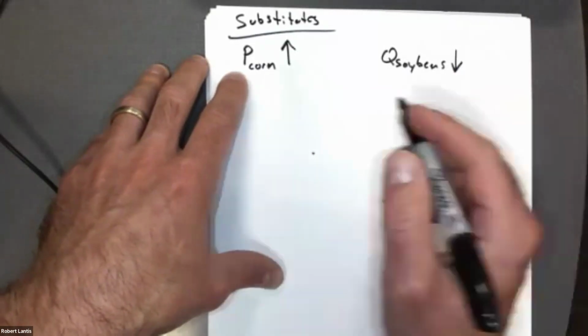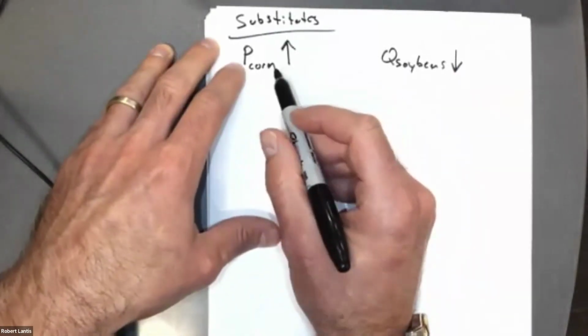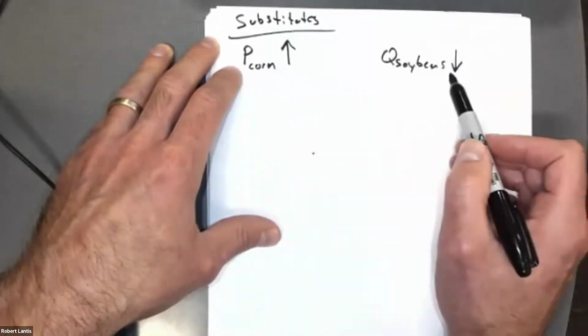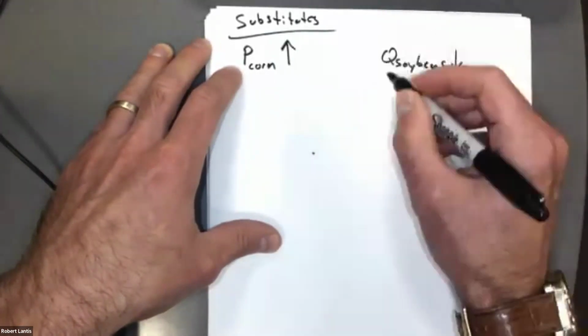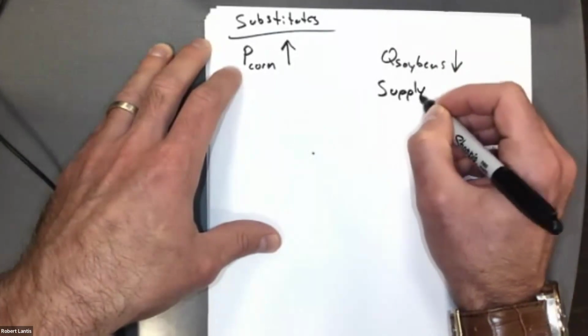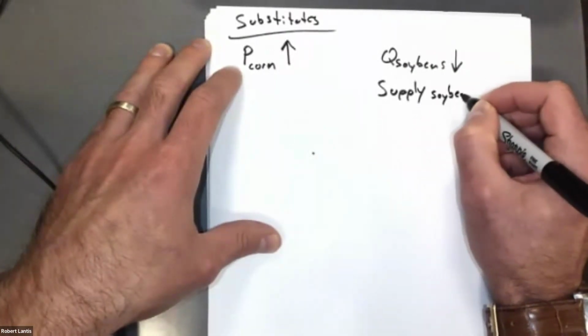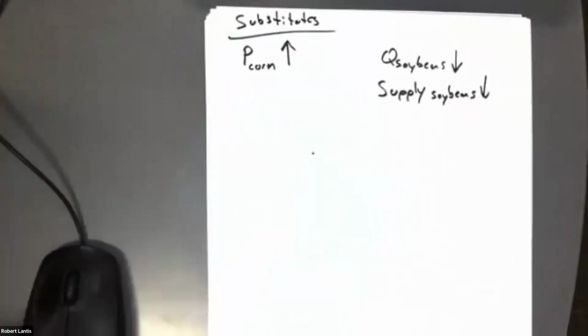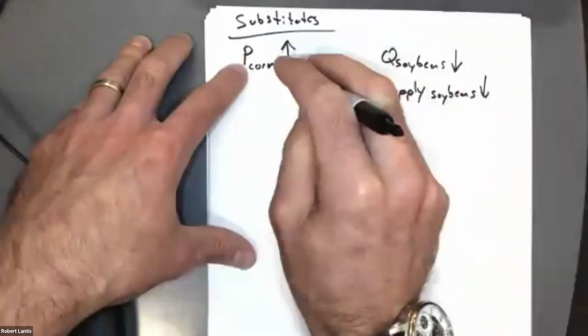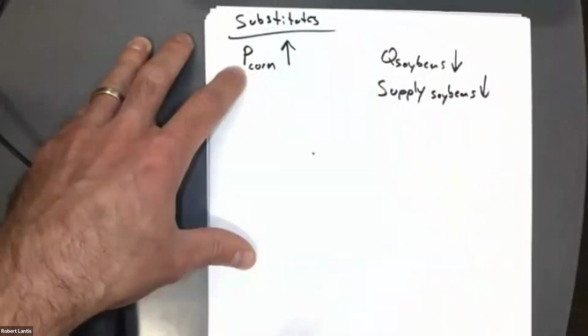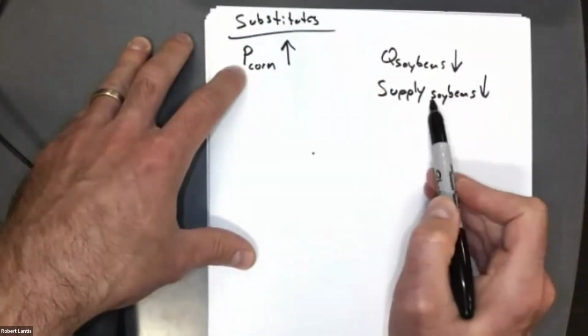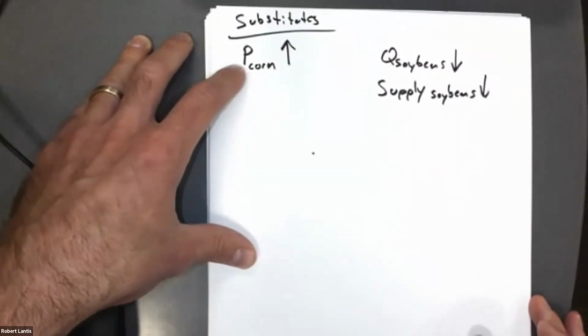So for the producers of these goods, with substitutes in production, when the price of one good goes up, the supply of the other good is going to go down. Okay. So with substitutes in production, I'll substitute towards whatever has a higher price because I'm selling it, and away from whatever has a lower price.